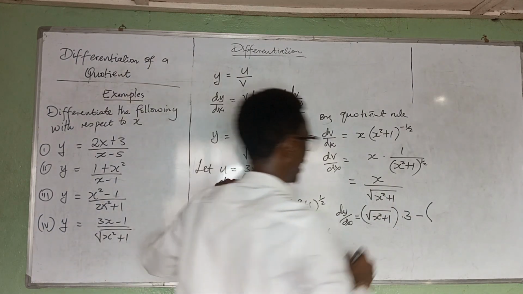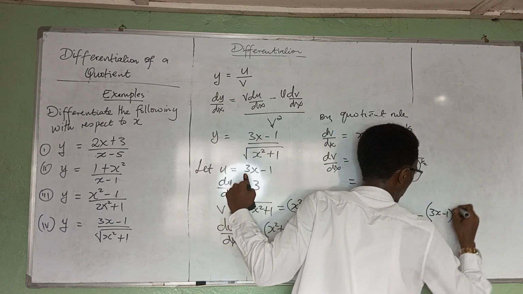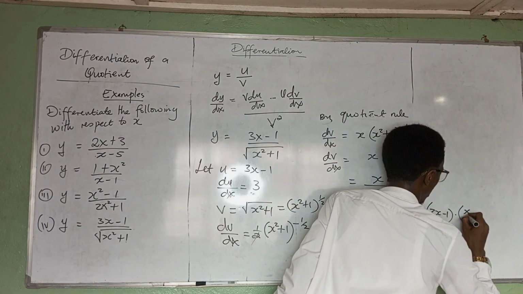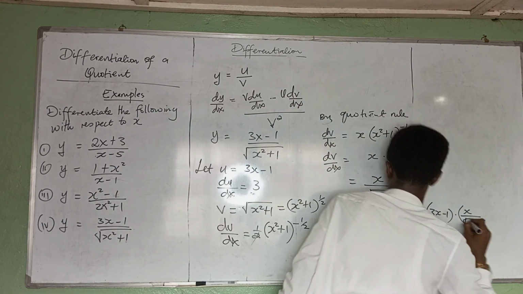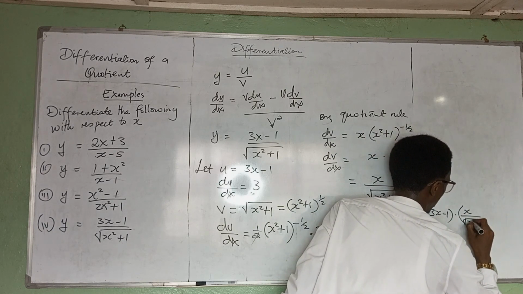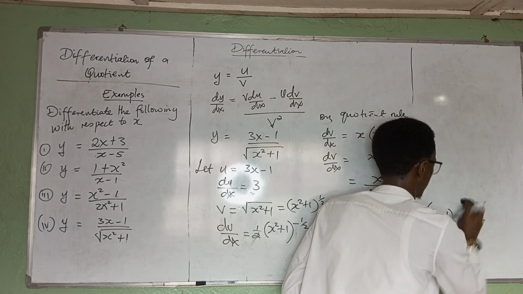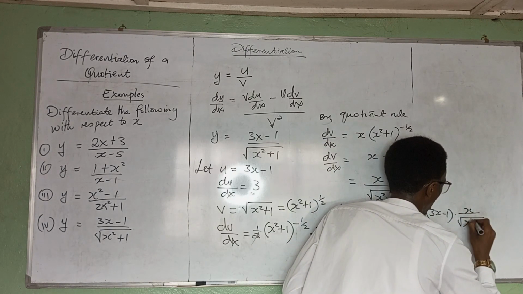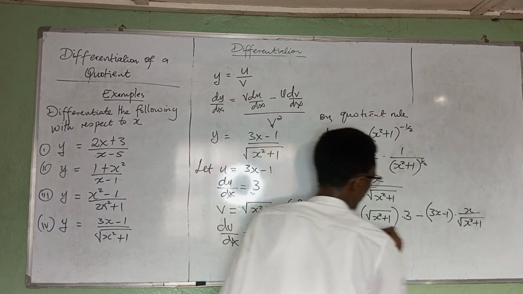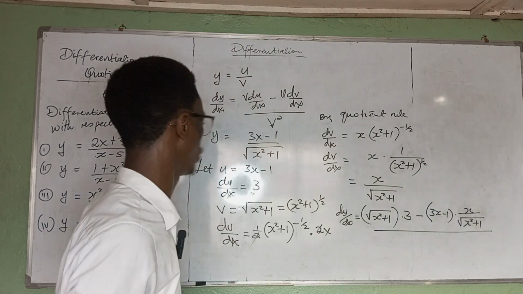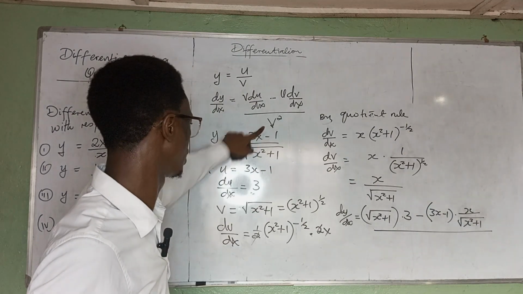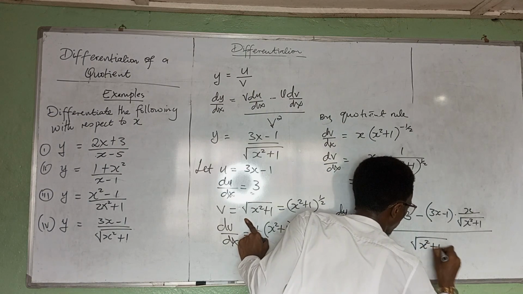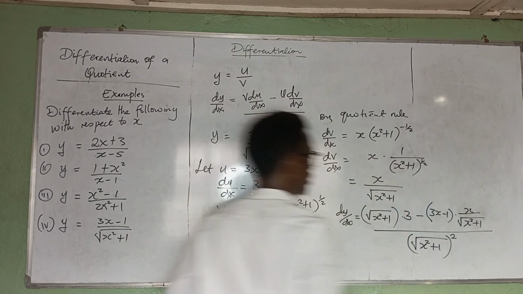Your u is 3x minus 1, multiplied by dv by dx, which is x upon root x squared plus 1. Everything here divided by your v, which is root x squared plus 1, and you square this.